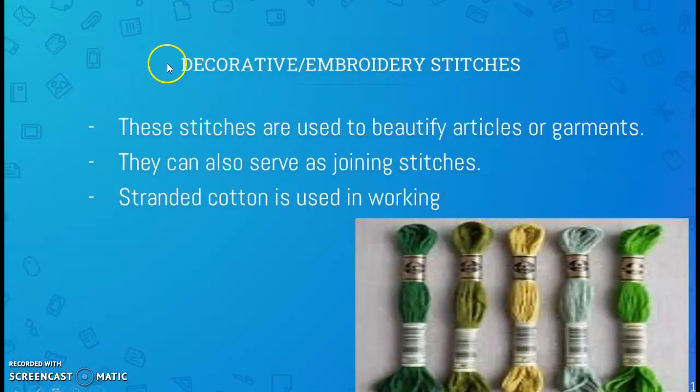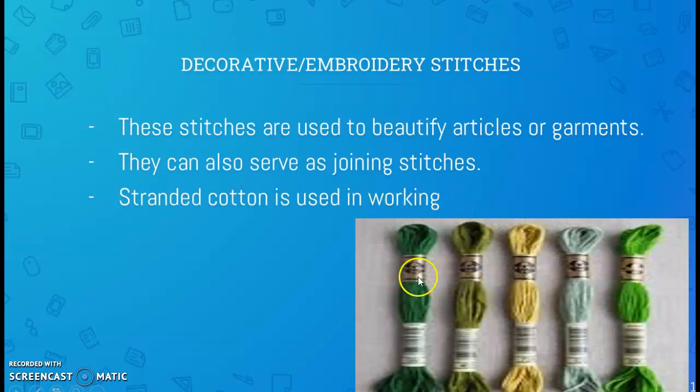The third group of permanent stitches is known as decorative stitches or embroidery stitches. These are made in articles to make them look attractive or beautiful. They can also serve as joining stitches. Some too serve as knitting stitches. A stranded cotton is used in making them.